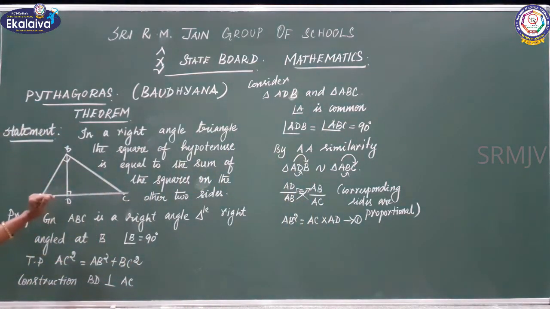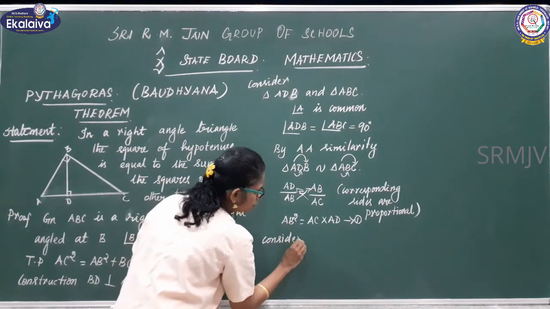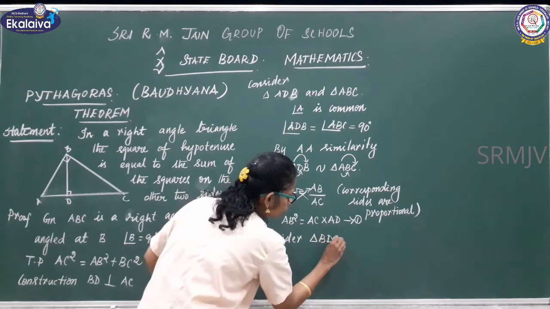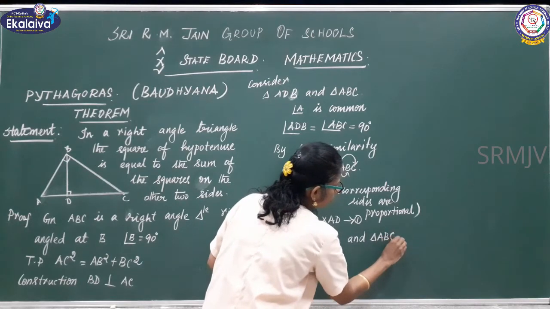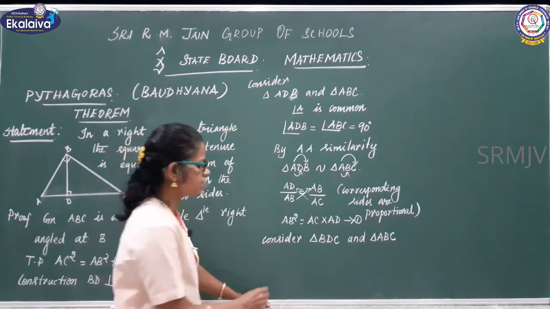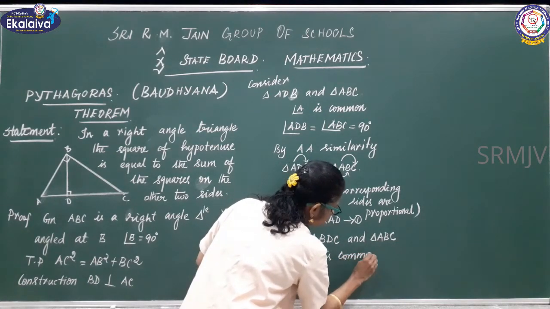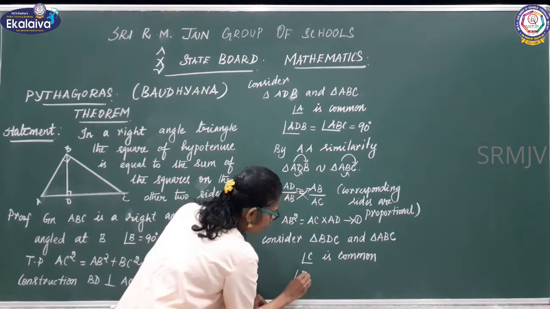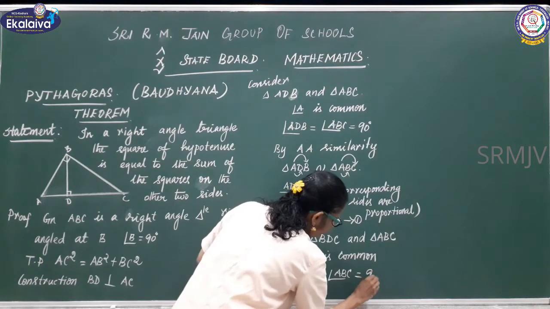Now we pass on to the next triangle, BDC and ABC. Consider triangle BDC and triangle ABC. Here which is common? Angle C is common, right? Then angle BDC equal to angle ABC equal to 90 degree.